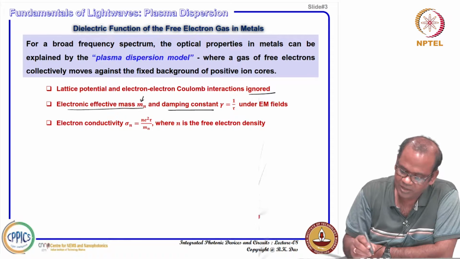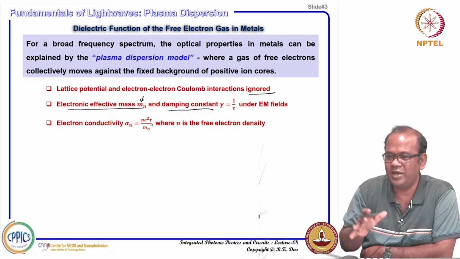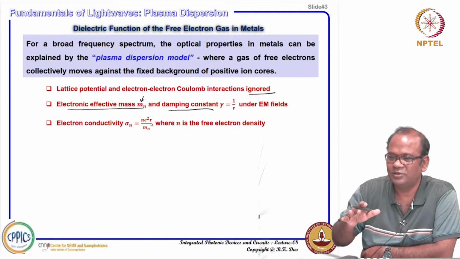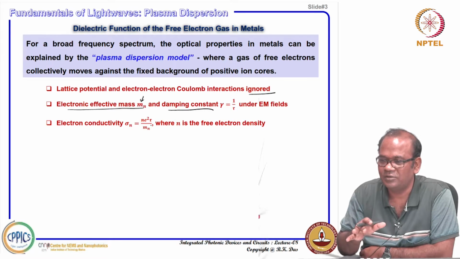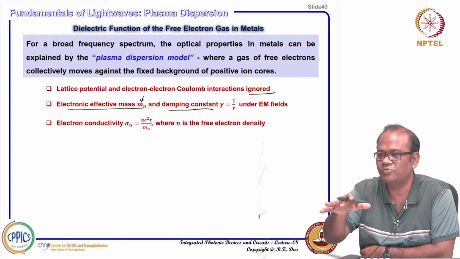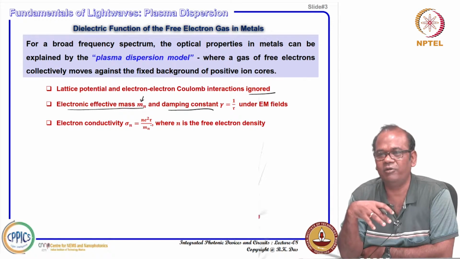Third, the damping constant. When we are considering free carriers, they are not completely free, we are considering them approximately free. A little bit of damping is there while propagating, and that damping takes place because of collisions with the lattice heavy ionic points.